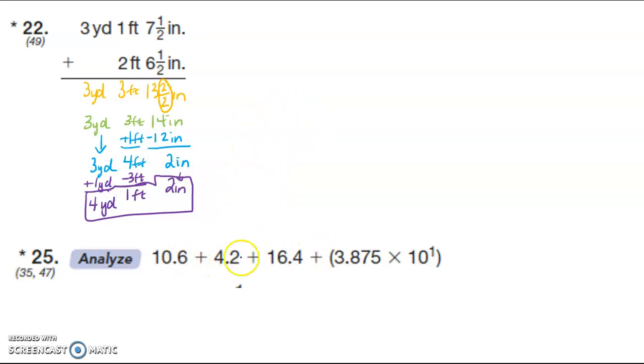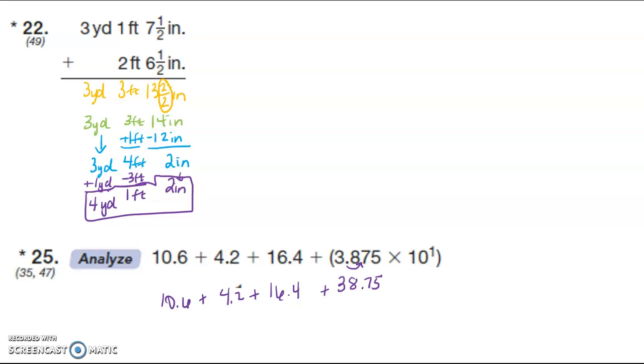Okay. Here I have a list of numbers I'm adding. And the only thing that is different here is that this is 10 to the 1, which means that if I were going to write this in standard notation, this would be 38.75. So all of the other numbers are fine. You would just plug those into your calculator.